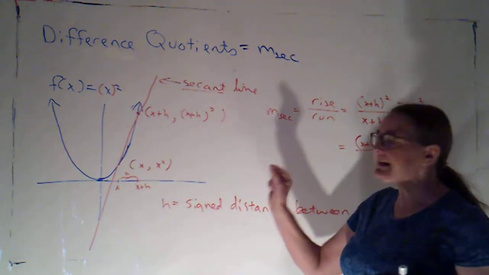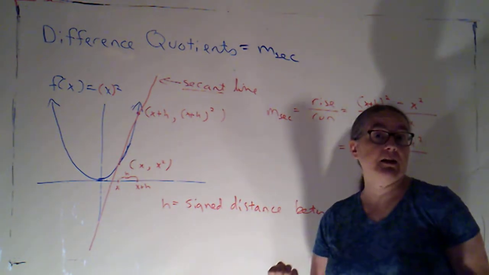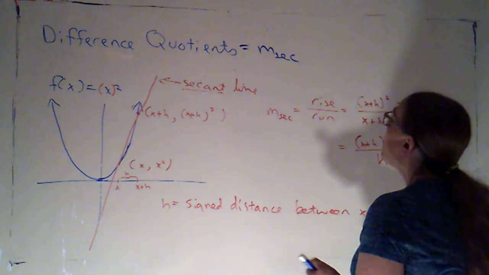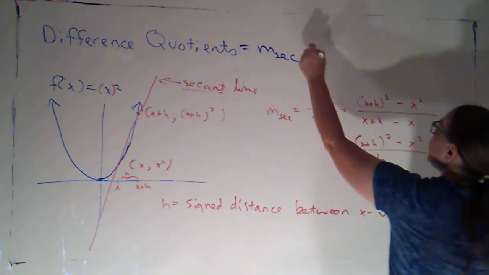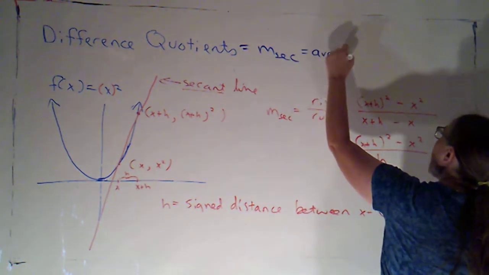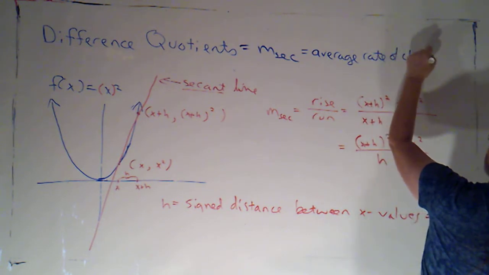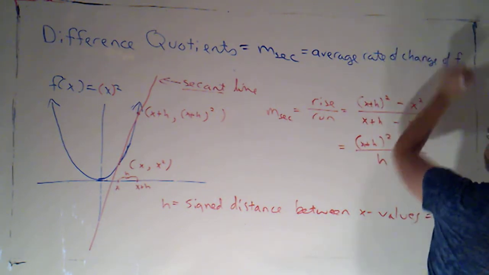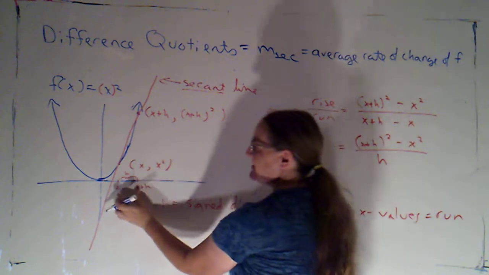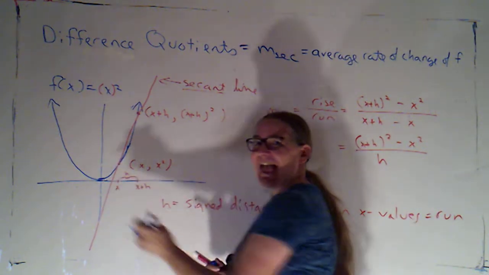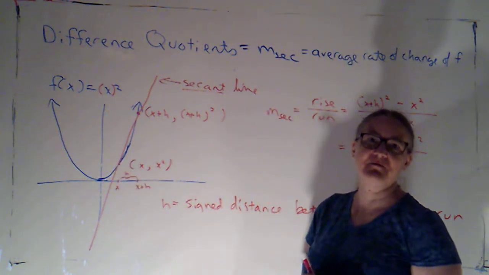So it's easy to talk about the rate of change of a line because it's the slope. What the slope of a secant line gives me is the average rate of change of f over this interval that has x and x + h as its endpoints.